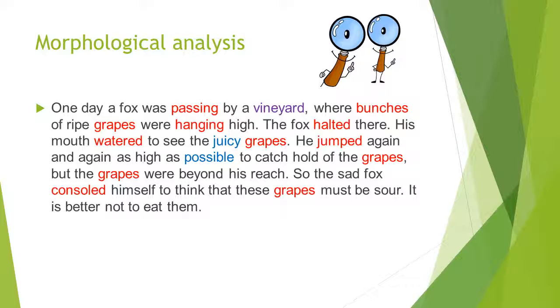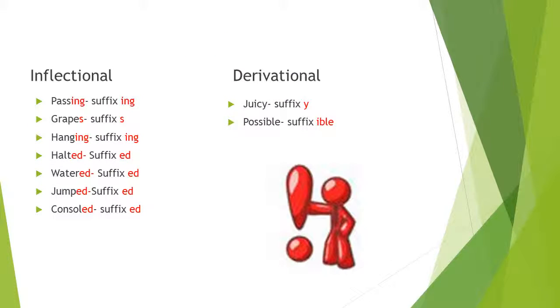So here is the list. The inflectional morphemes are passing with the suffix ing, grapes with the plural suffix s, hanging with the suffix ing, halted with the suffix ed, watered with the suffix ed, jumped with the suffix ed, consoled with the suffix ed.